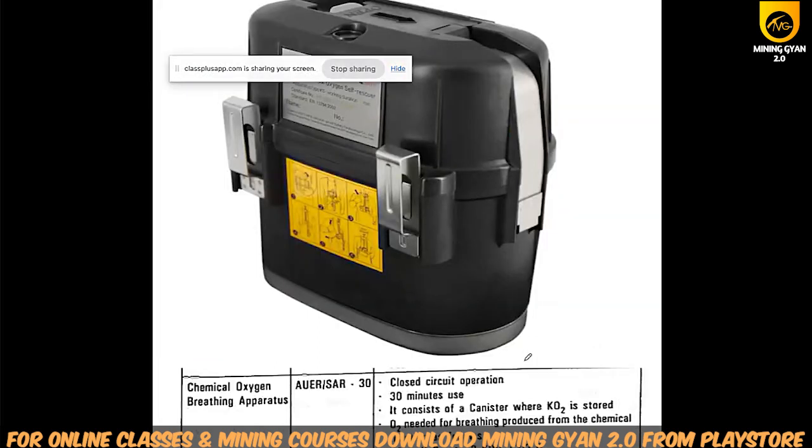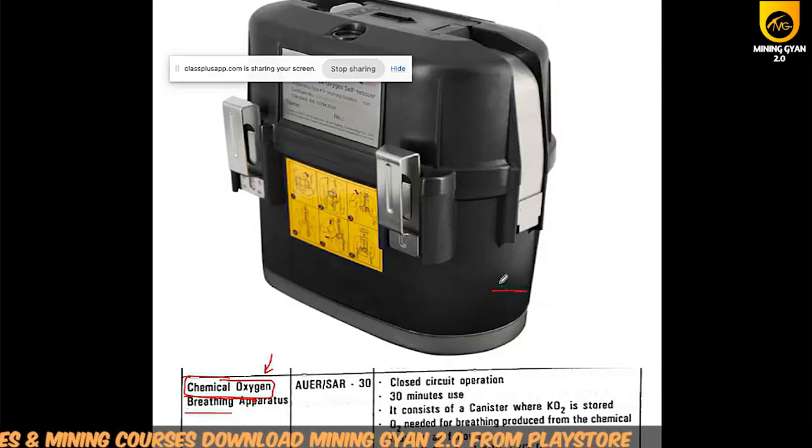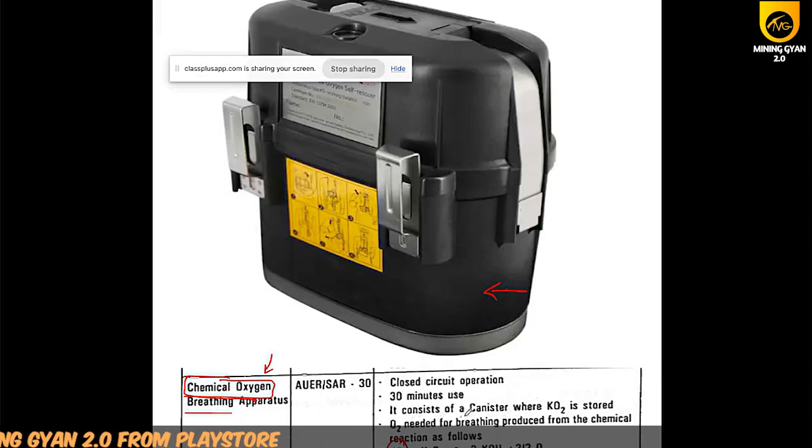Another system is the chemical oxygen breathing apparatus. Like its name shows, chemical oxygen. In it you don't store oxygen, you use CO2. It consists of a canister where the CO2 is stored. The O2 needed for breathing is produced from a chemical reaction.